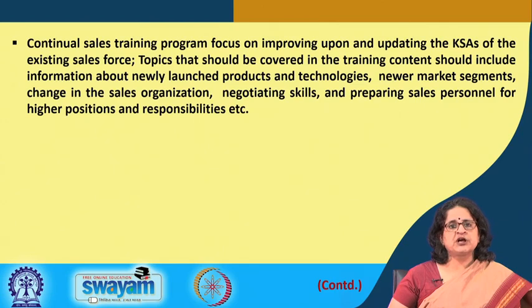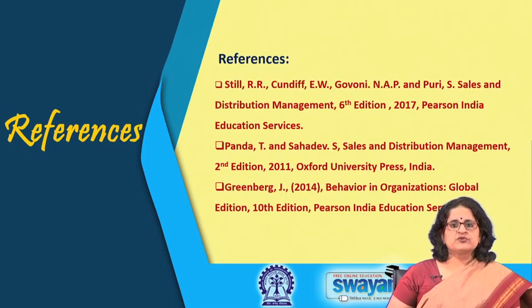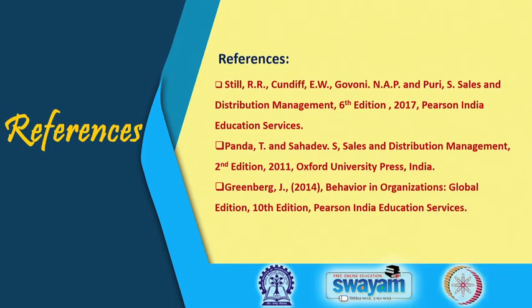So the topics that should be covered in the training content should include information about newly launched products and technologies, newer market segments, change in the sales organization, new skills, even negotiation skills, and preparing them for higher roles or higher responsibilities in life. So with this we come to an end of the first lecture on training.